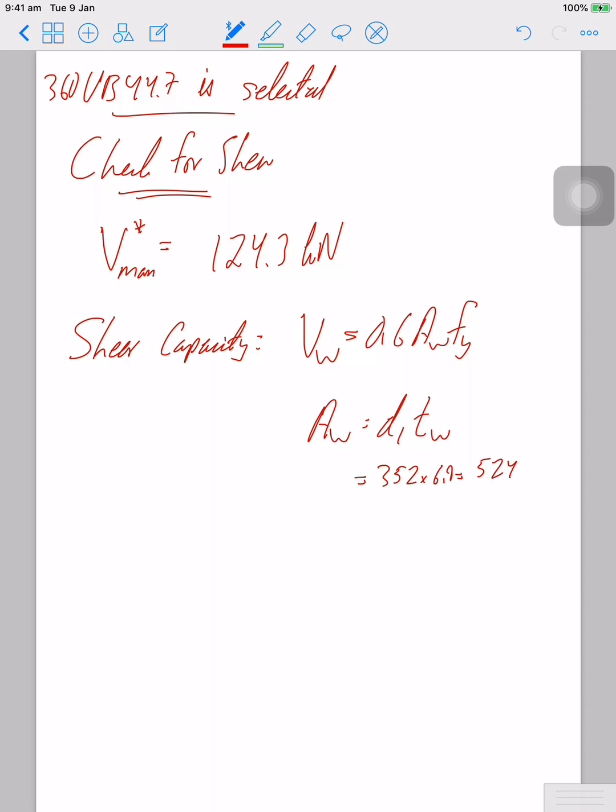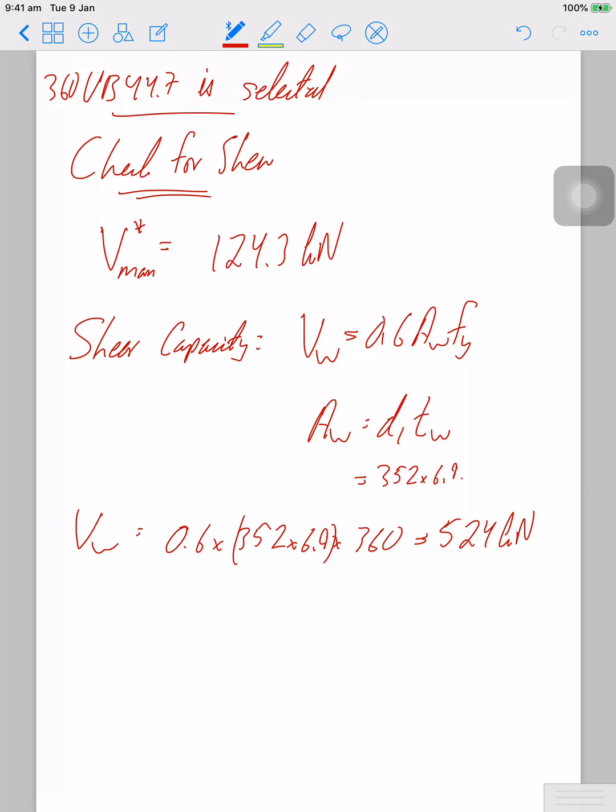They didn't find the area. You just do 6.9. So your V_w is going to be equal to 0.6 times 352 times 6.9 multiplied by 360.